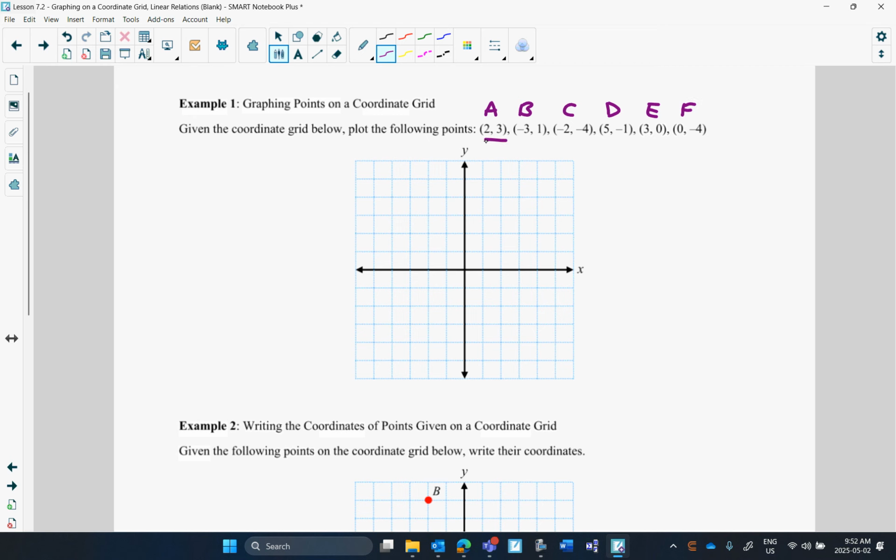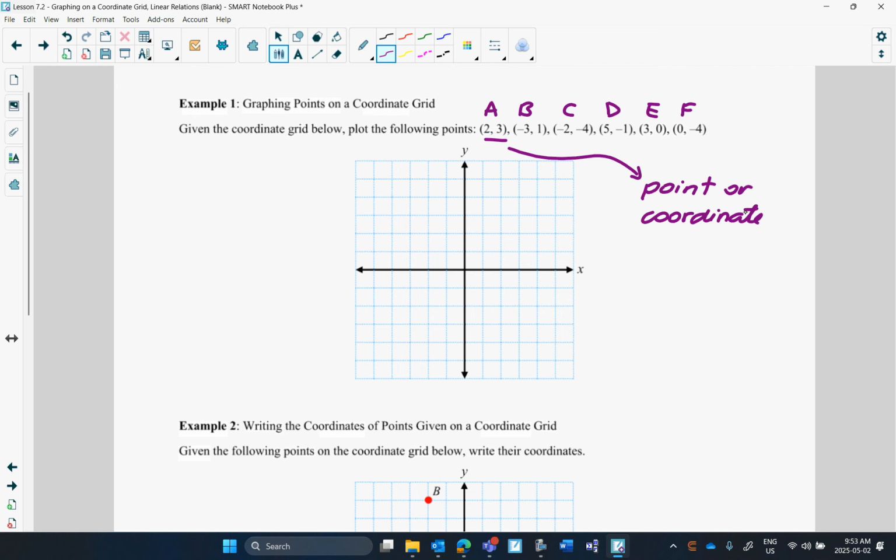So when we have two numbers separated by a comma in parentheses, we can call it a point or coordinate. So we can plot points or we can plot coordinates. It means the same thing.